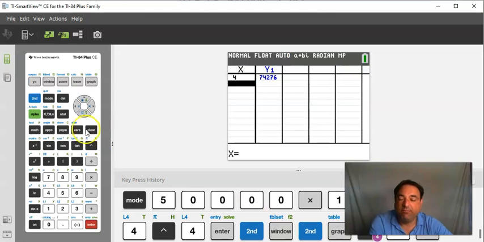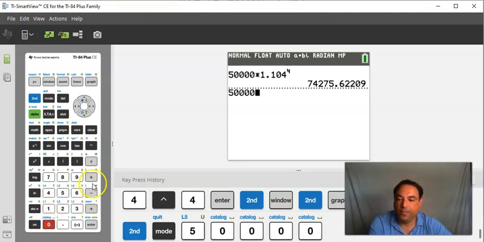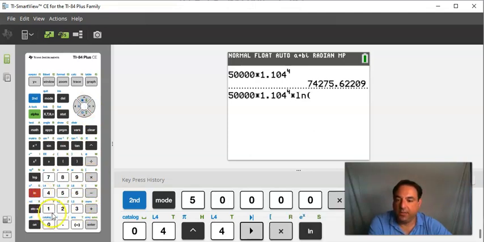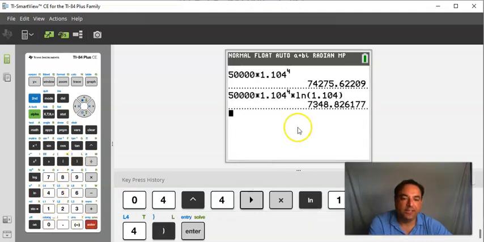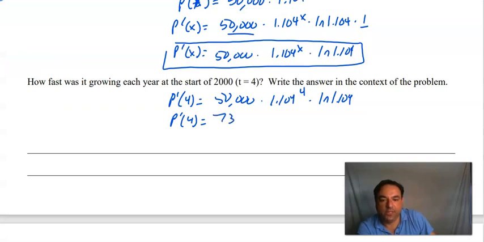So again, you could just type it in, hit second mode to go back to the home screen. 50,000 times 1.104 raised to the 4, move to the right, times ln of 1.104, close parentheses, and you should get 7,348.8, so round that off to 7,349. We'll explain it in a minute.